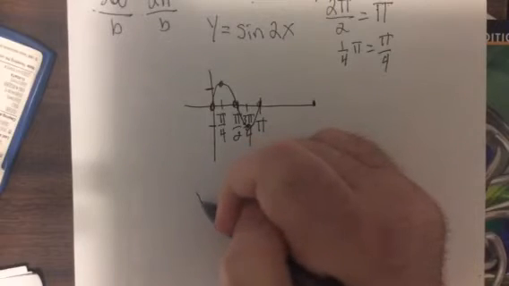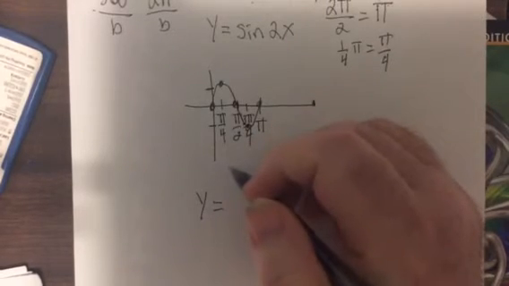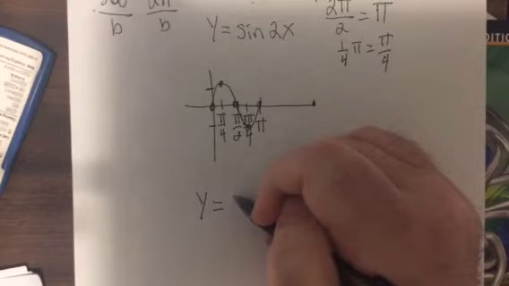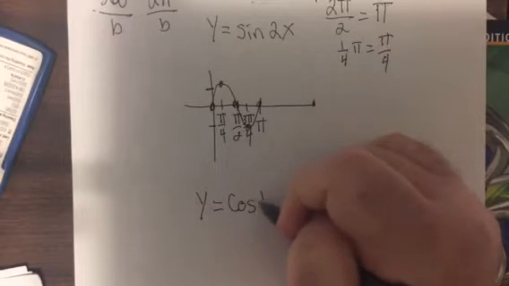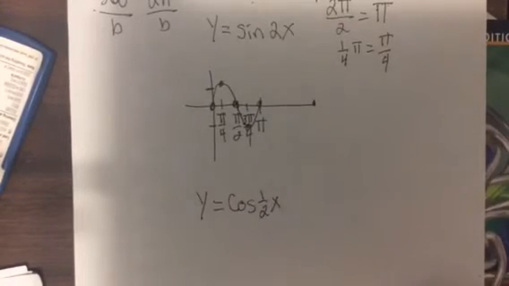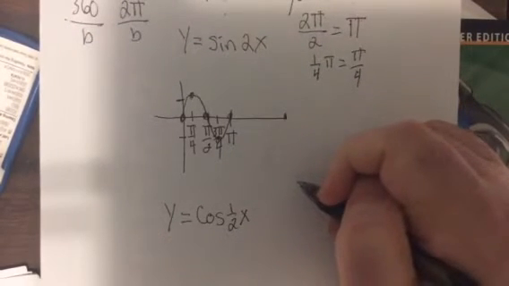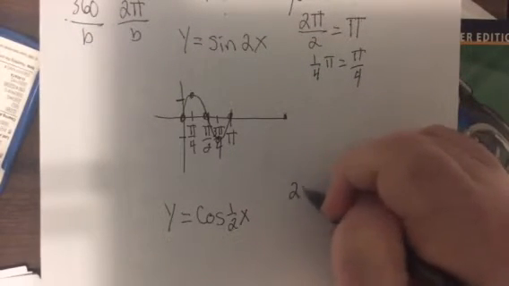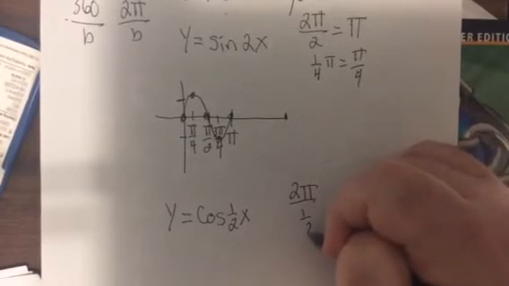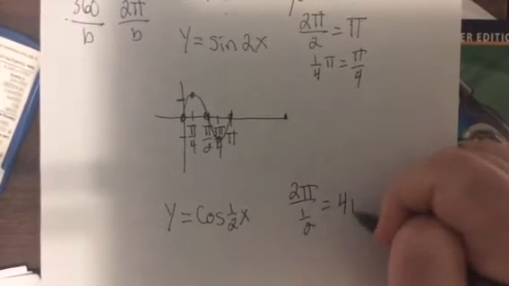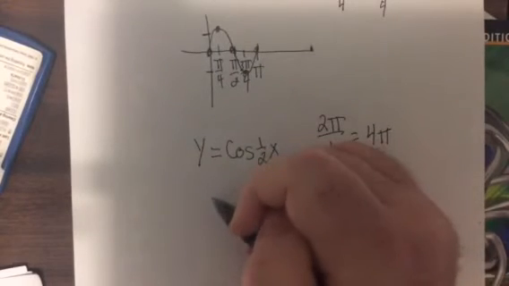So see if you can figure out right now, and I know we haven't done a lot of this, but we did it with degrees, cosine 1/2 x. Now you can turn this off and do it and then watch me. 2 pi divided by 1/2 is 4 pi. Oh, 4 pi.